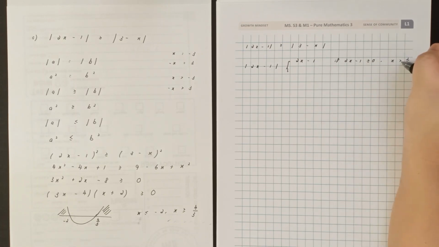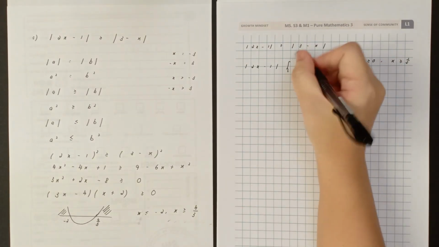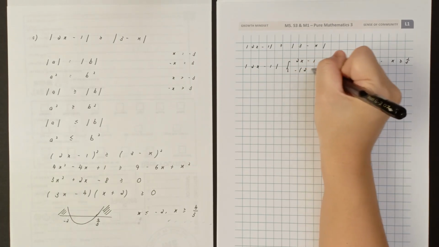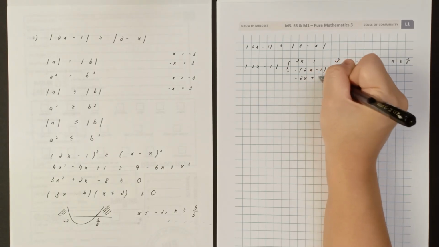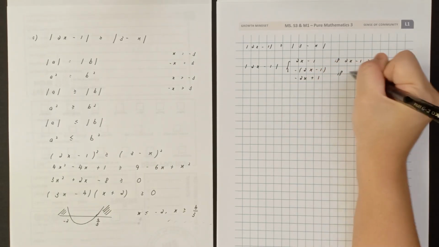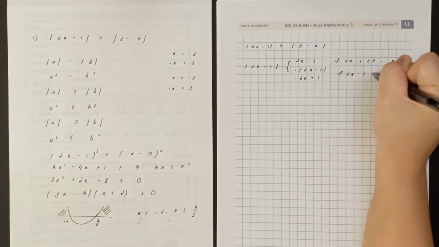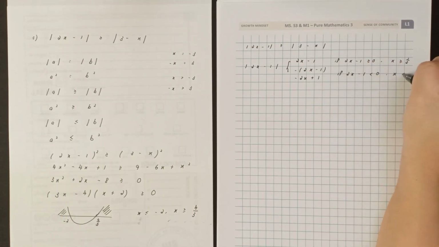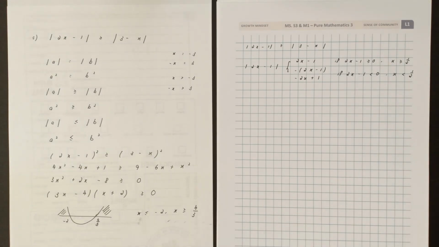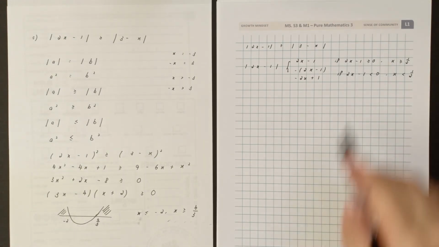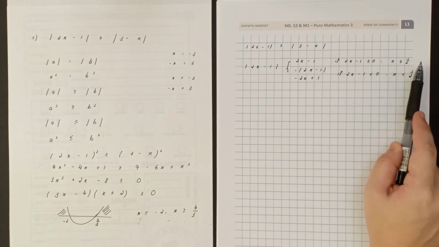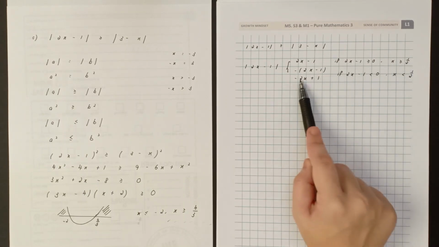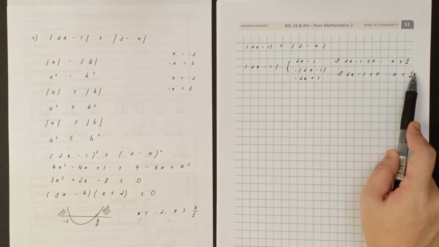The same thing, I will have negative of 2x minus 1, which is negative 2x plus 1, if 2x minus 1 is less than 0, which means x is smaller than 1 over 2. So you see every time you have a reflection, you actually have two lines. One line is for x greater than 1 over 2, and the other line is for x smaller than 1 over 2.